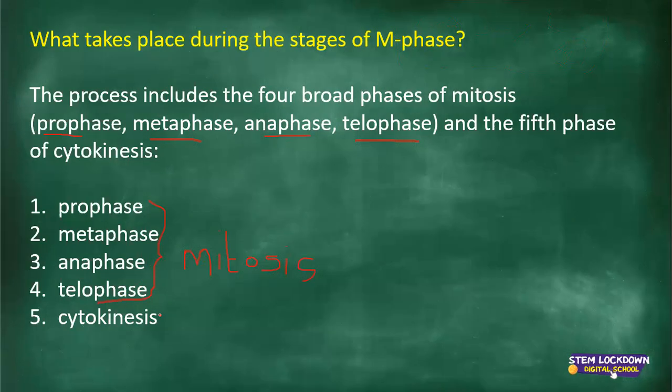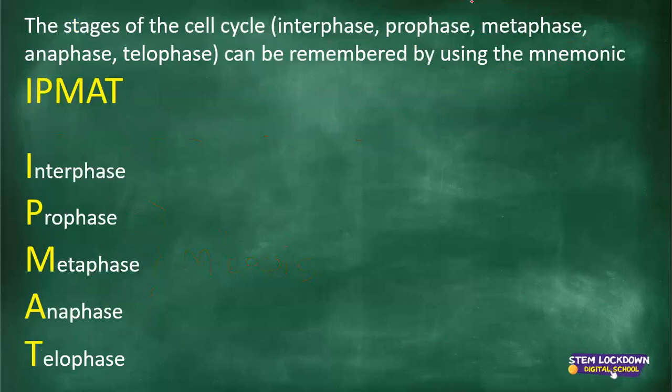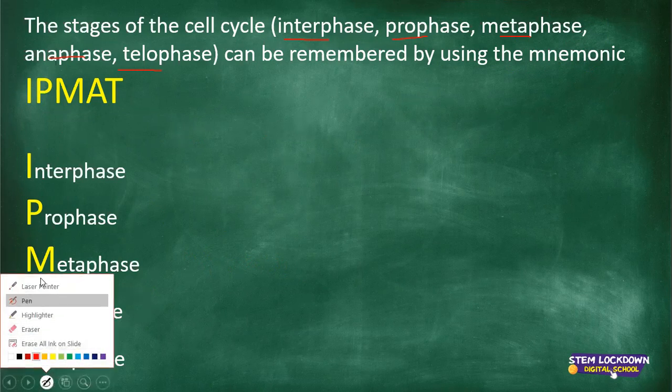So remember that. During the M phase, there are 4 stages under mitosis, and there's the 5th stage, which is cytokinesis. Now, the stages of the overall cell cycle, whereby you have the interphase, prophase, metaphase, anaphase, and telophase, can be remembered using the mnemonic IPMAT. To help you, maybe you can even add the cytokinesis as well.